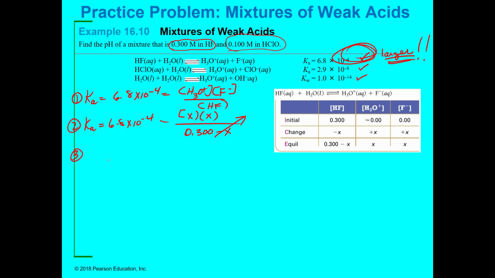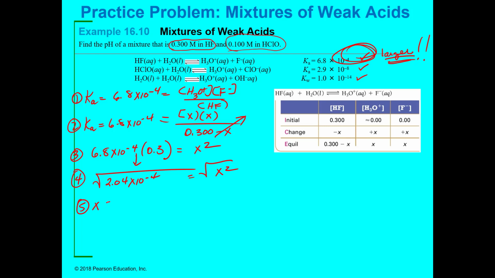So 6.8 times 10 to the minus 4 times 0.3 equals x squared. The square root of 2.04 times 10 to the minus 4 is equal to the square root of x squared. x equals 1.4 times 10 to the minus 2.